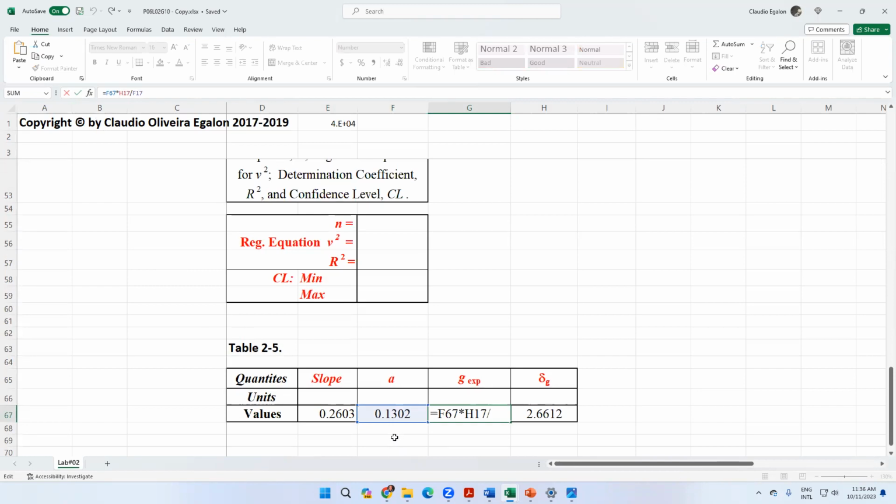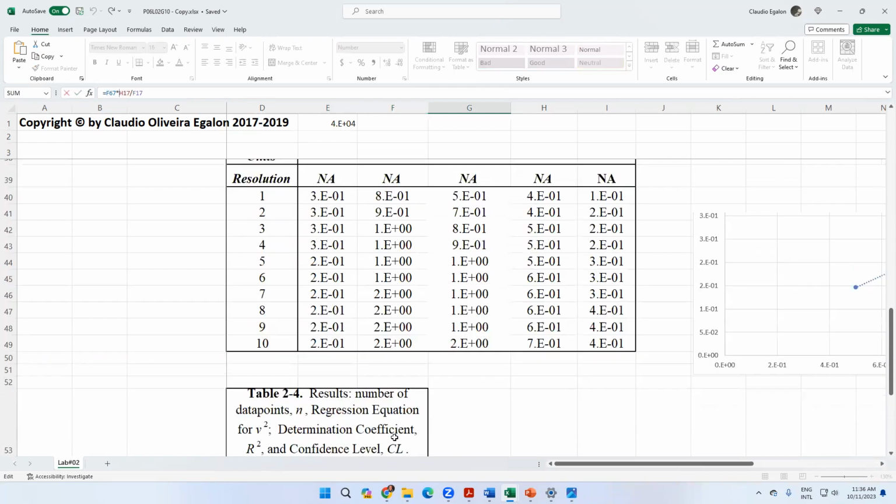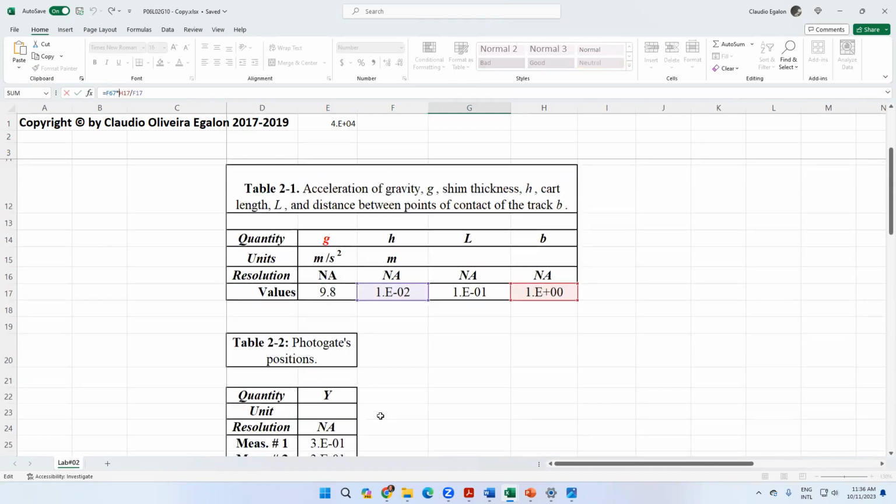Okay, and then you have to use the height of your shim and the distance between the legs of the track. I spelled that out all in my lab manual there.